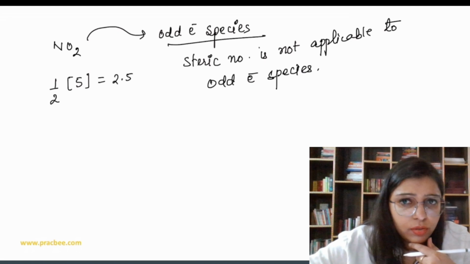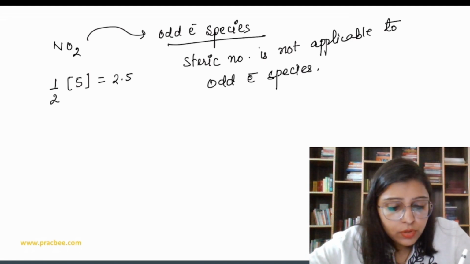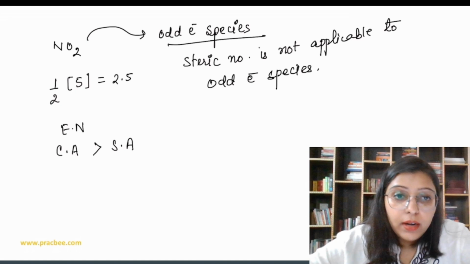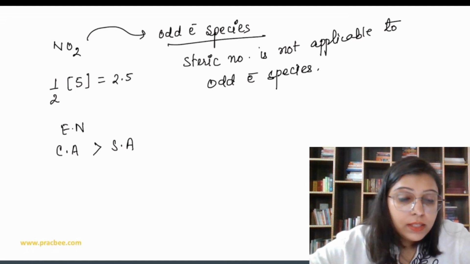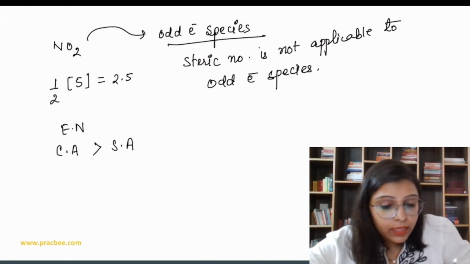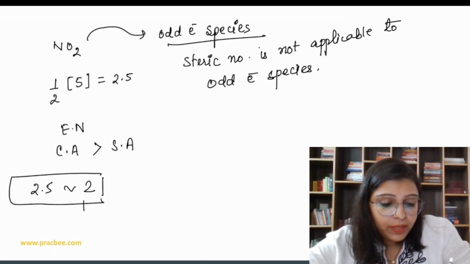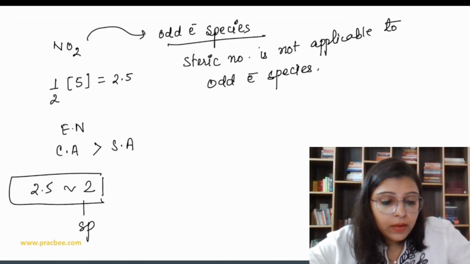We have a trick to do that. Suppose the central atom is more electronegative than the surrounding atom. If the central atom is more electronegative than the surrounding atom, then if we have 2.5, just take it as 2. So it means sp.